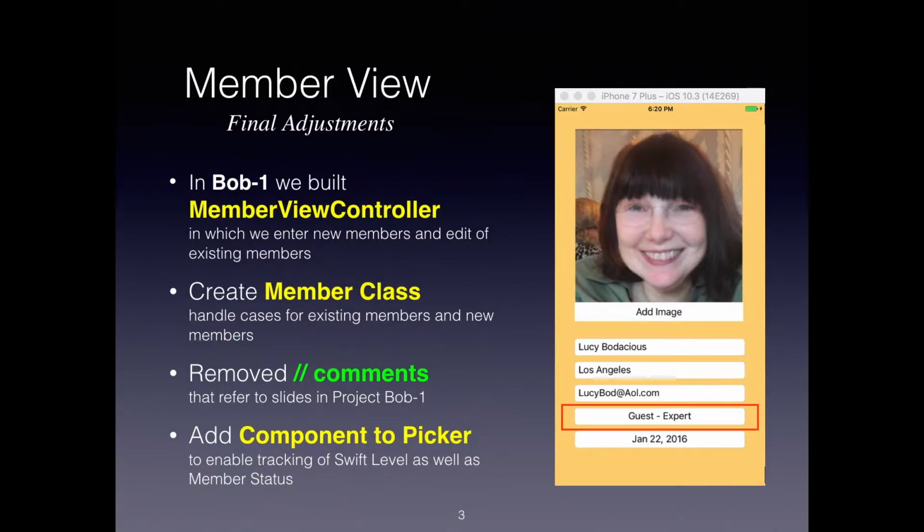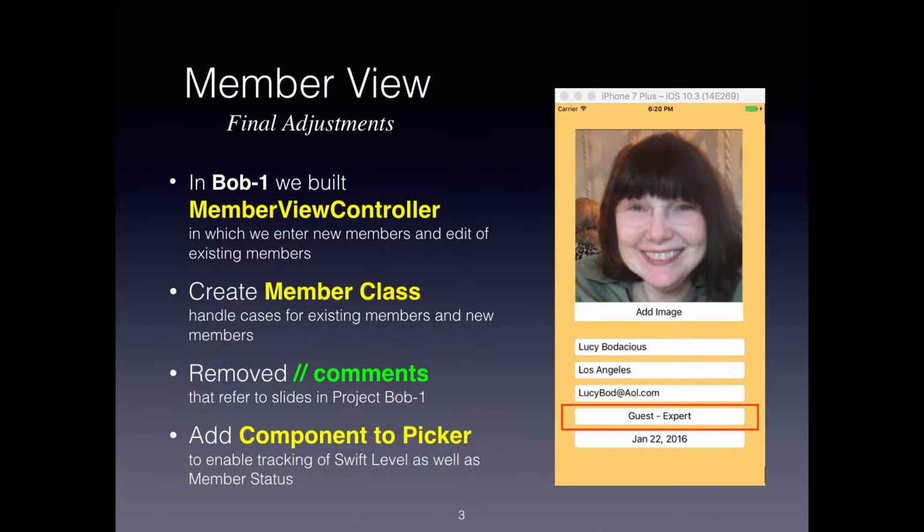So the way we do that in Bob1 is we just pop up one of these roller things, and you just roll through and you say, I want that one, and you're done. And then the system puts the thing you selected right into the text field for you. Same thing with date. You don't want to type in a date. You might type in January 35, not a valid date. So you want the system to essentially guarantee the validity of what you're putting in. So in the case of the date, you use a date picker.